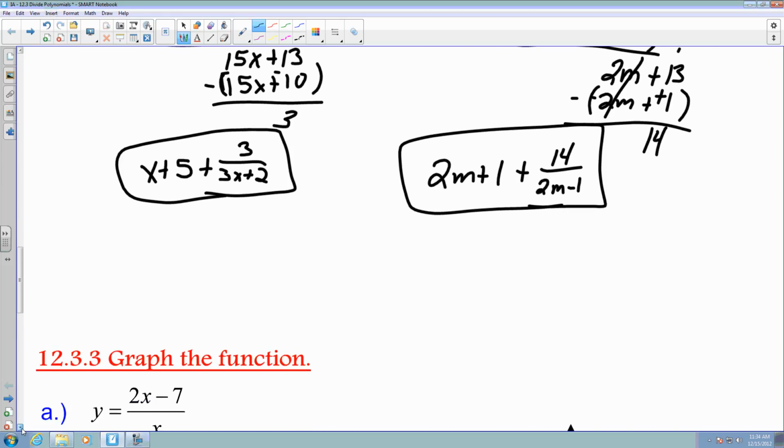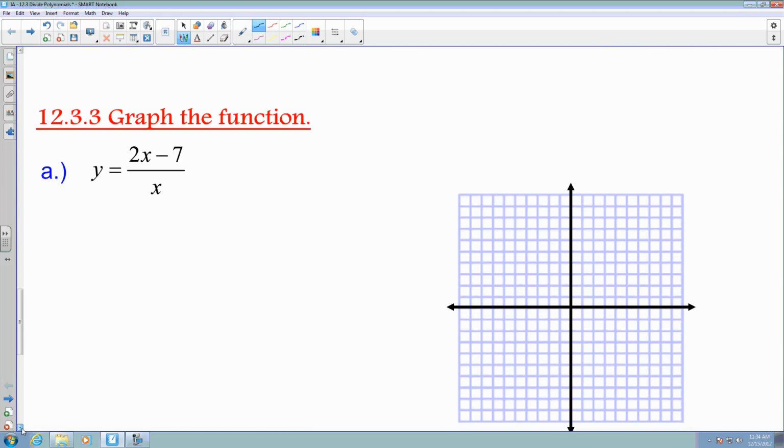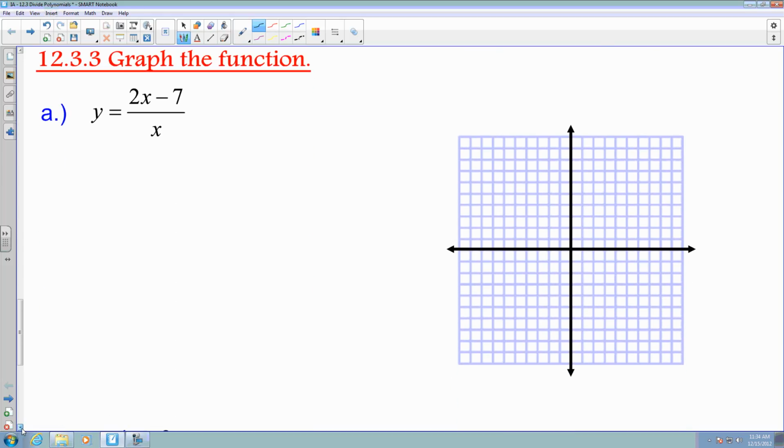Okay. Second part of the assignment, they're going to ask you to graph the function. Now, by looking at it right now, you've probably never seen values like this in order to graph it. You probably haven't. But there's a way we can manipulate it into a form that you are familiar with.